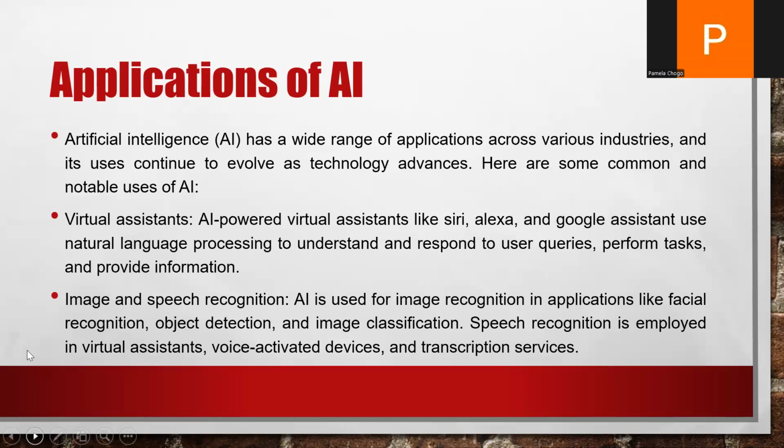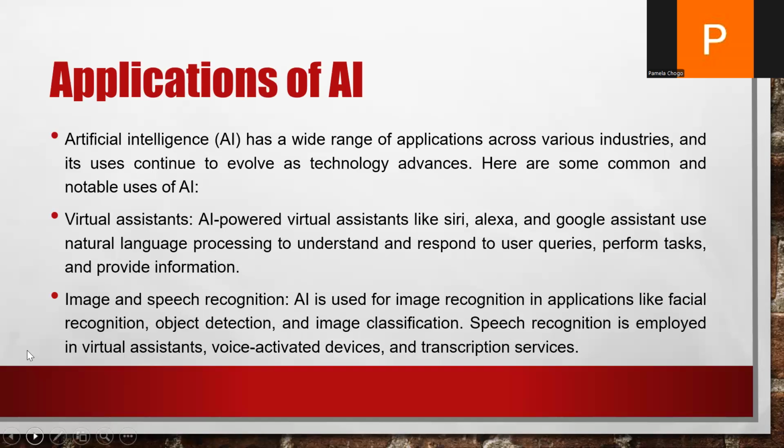AI-powered virtual assistants like Siri, Alexa, Google Assistant use natural language processing to understand and respond to user queries, perform tasks, and provide information. I think most of us have interacted with Siri in our phones. So this is an example of virtual assistance that is being enabled by AI. But also Google Translate, if you want to translate something on Google, that is also AI enabled.